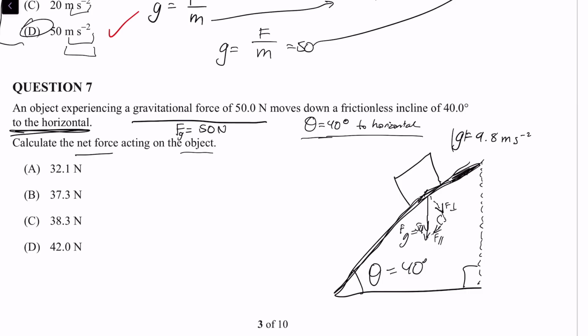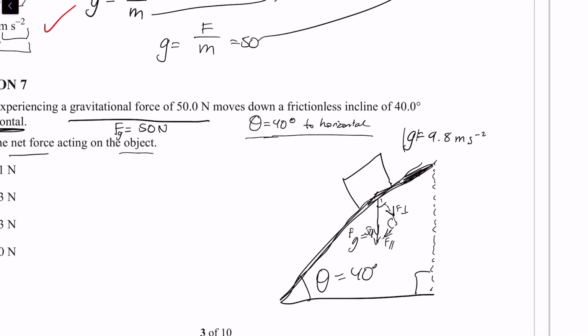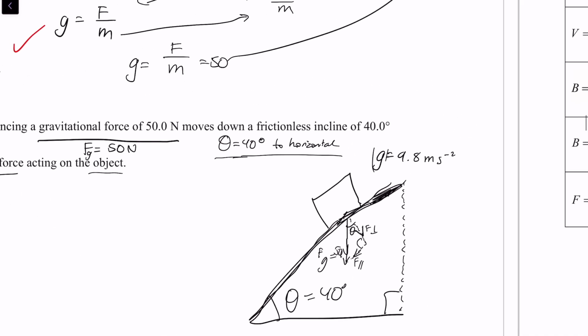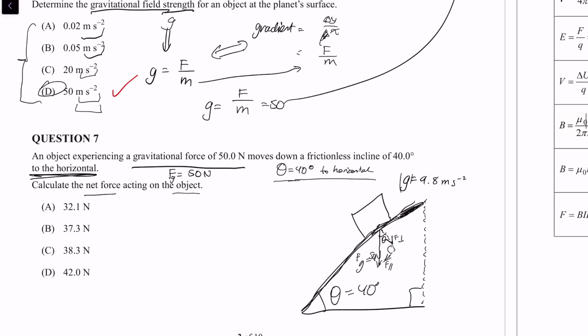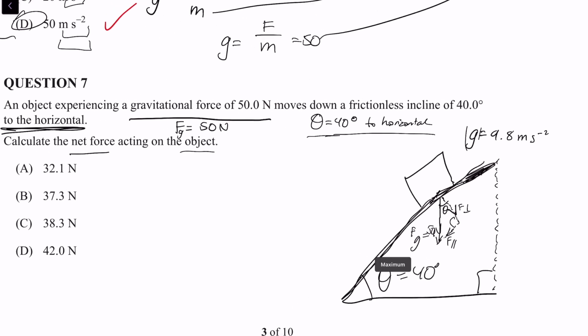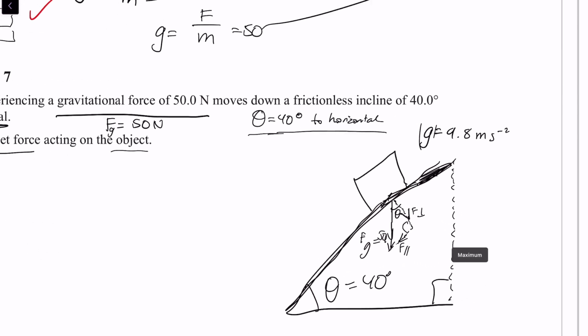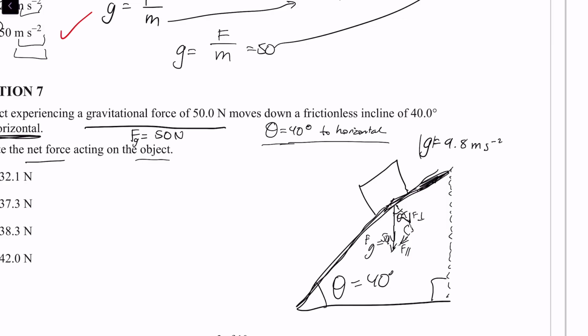In this case, I know that my theta value is always going to be this right here, between the gravity force acting on the object and the perpendicular line to the plane. Alright, so I know that theta here is going to be 40 degrees because these are equal.